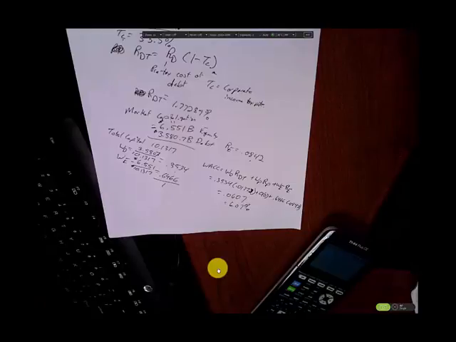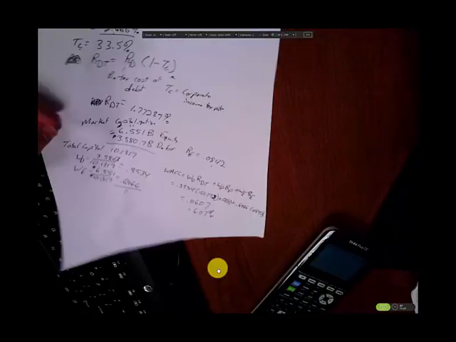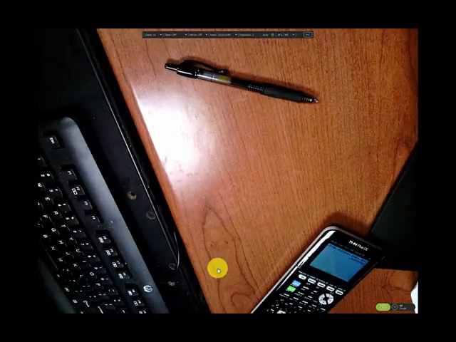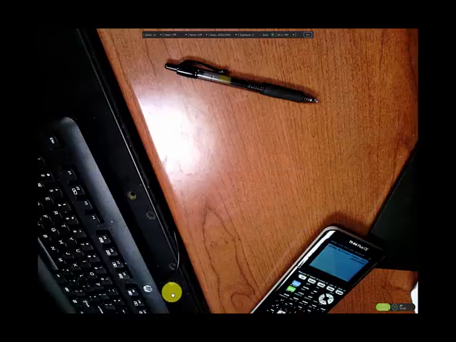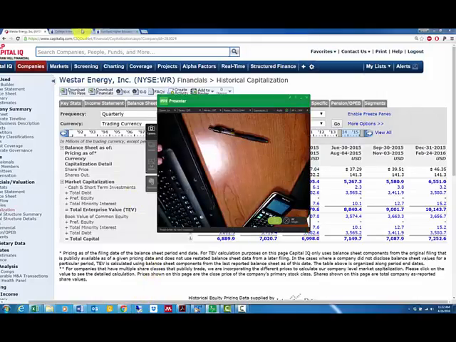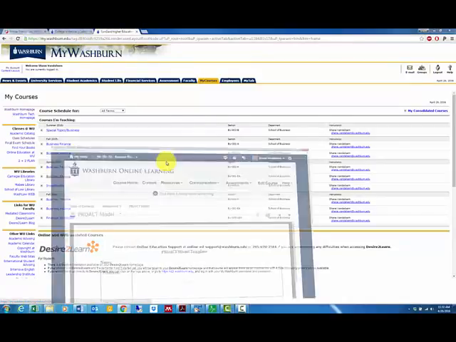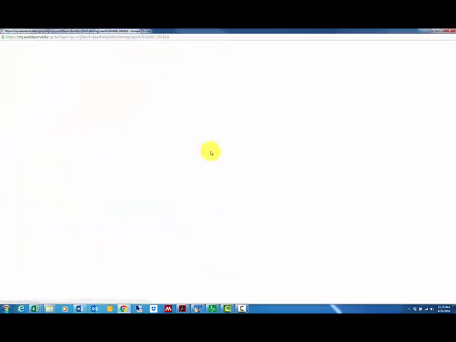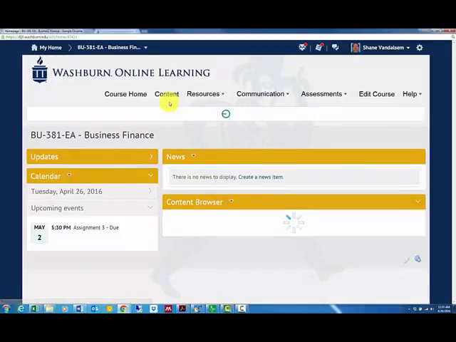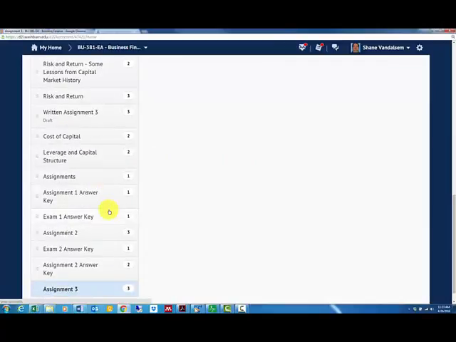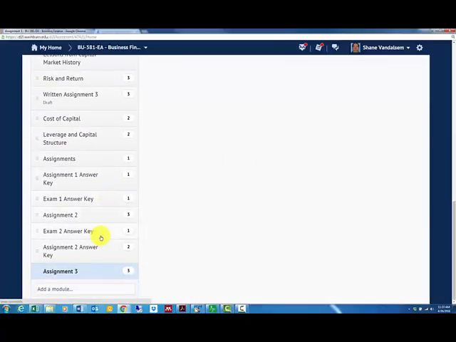The next topic we're going to talk about in this lecture is moving on to the next set of notes, which is the capital structure notes. So I'm going to pull those up here. They're out online, and I need to make one correction to them. They're out here in content, under leverage and capital structure.